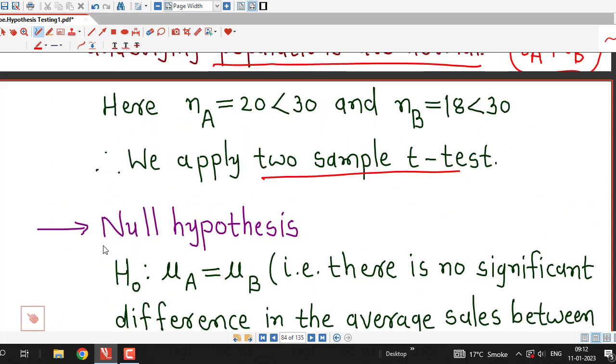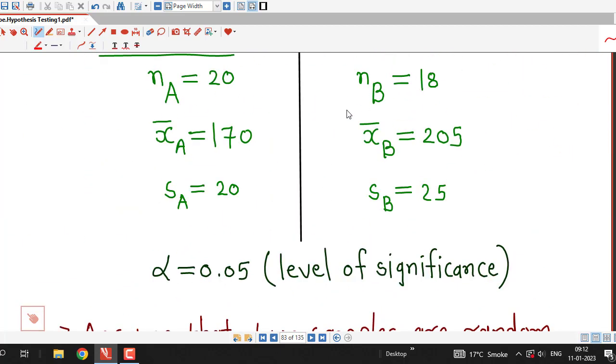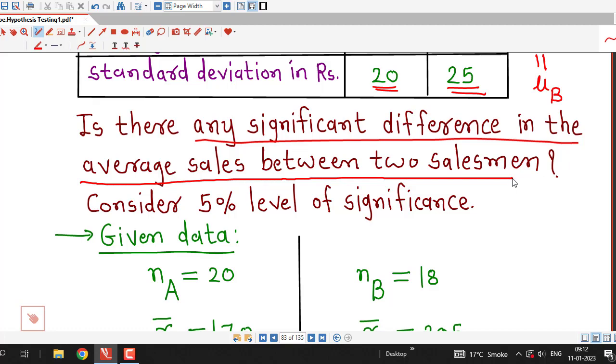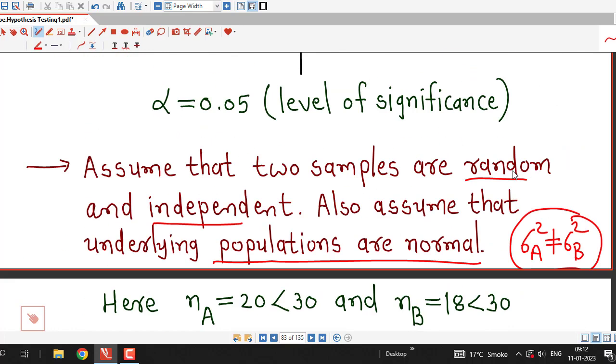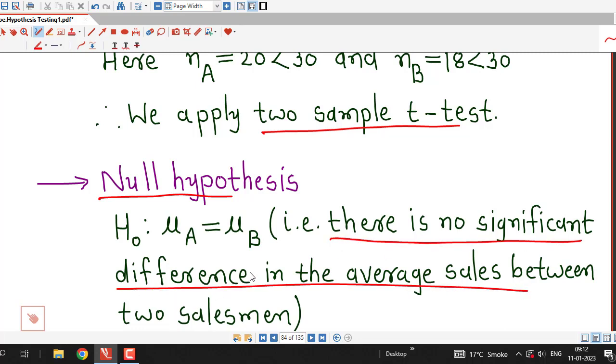And this is the null hypothesis. We want to check whether there is any significant difference in the average sales. Okay, the question is, is there any significant difference in the average sales between two salesmen? So the null hypothesis is that there is no significant difference in the average sales between two salesmen.